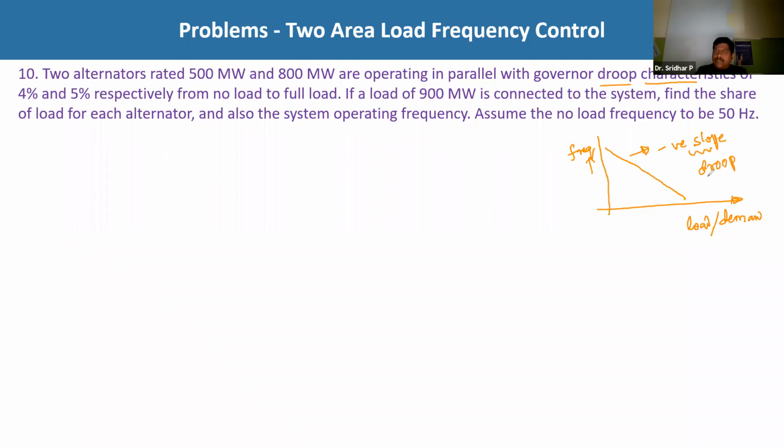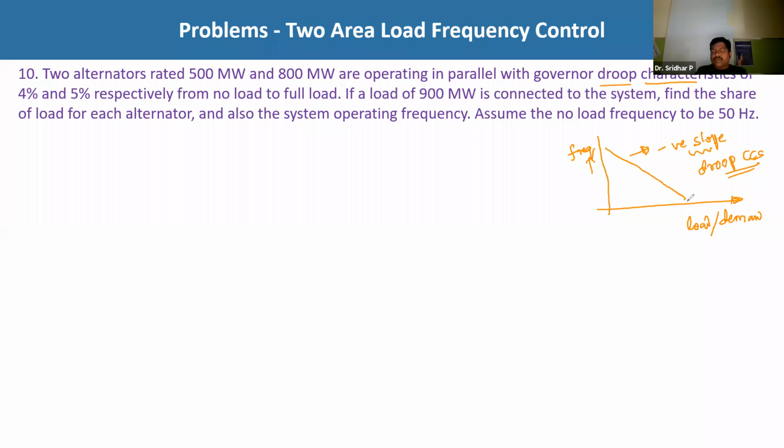That is the reason the relation between the frequency and the load demand or load is always called a droop characteristics. So first you have to develop the relation between the frequency and the load, or frequency and the demand. And we know that if the load increases, frequency decreases.